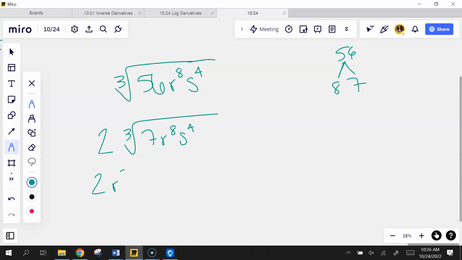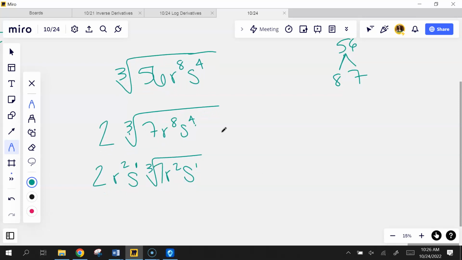So I have 2 outside, and how many are left? 3 goes into 4 1 time, and how many are left? 1. I know, you don't have to write that one. I did. Thank you, Solomon. So this is 2r squared s times the cubed root of 7r squared s.